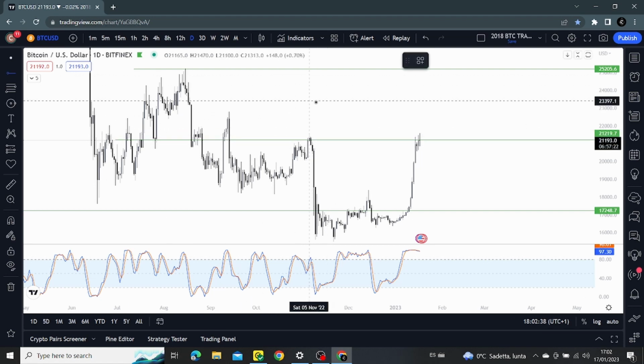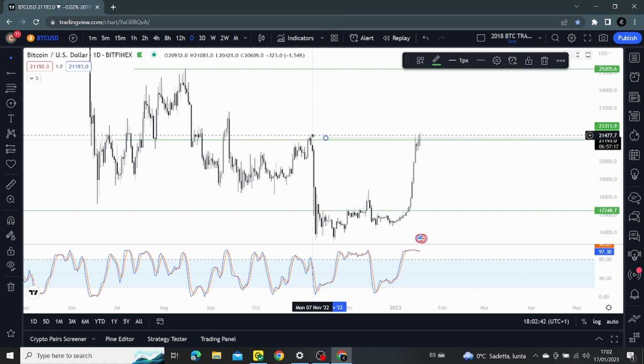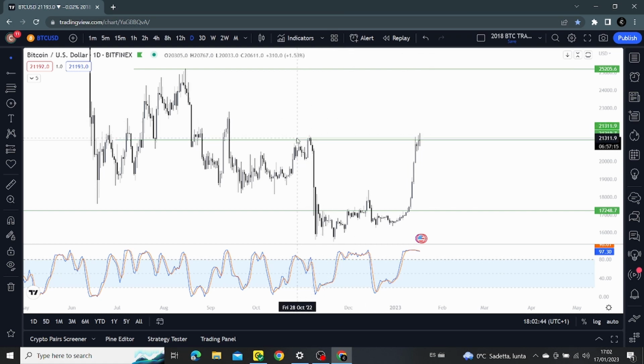We didn't close even a daily candle higher than this candle here, than the previous high, okay. We break this structure over here in the lower side, but we didn't break this main point, okay. This lower high is much more important than this lower high, okay.